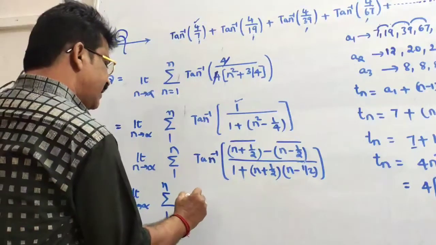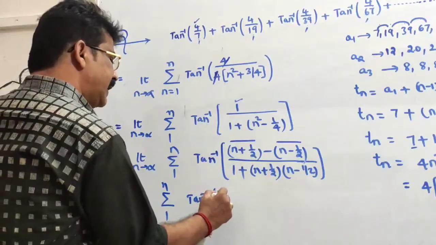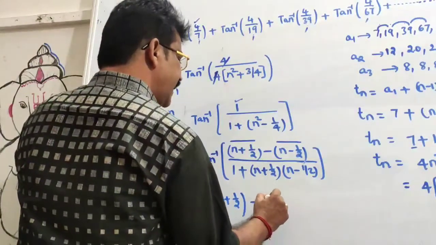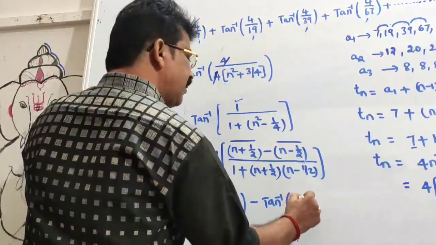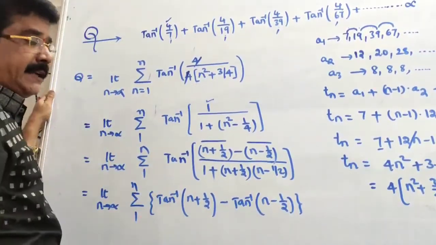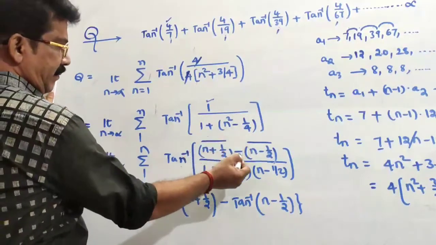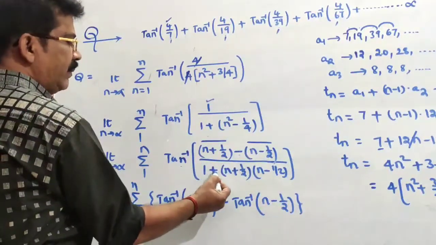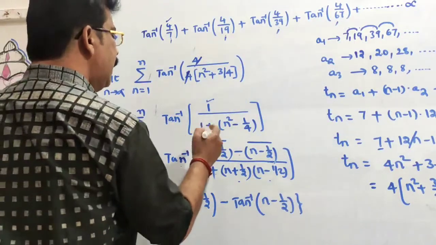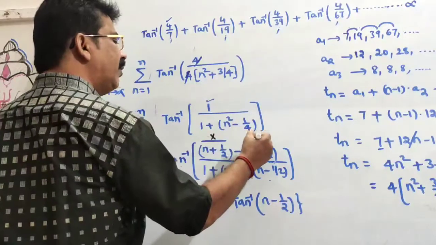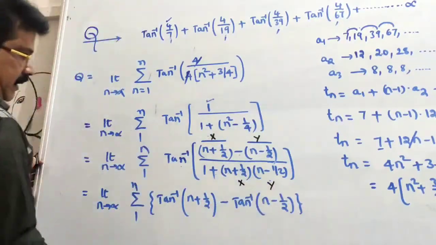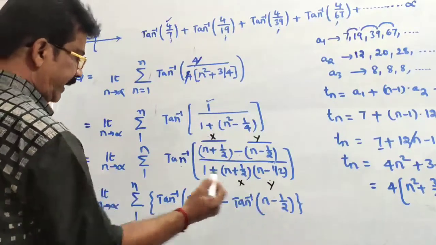It can be tan inverse of n plus 1 by 2 minus tan inverse of n minus 1 by 2, like that. Already I said tan inverse of x minus y divided by 1 plus xy, tan inverse of x minus y divided by 1 plus x into y equal to tan inverse of x minus y, just like that.